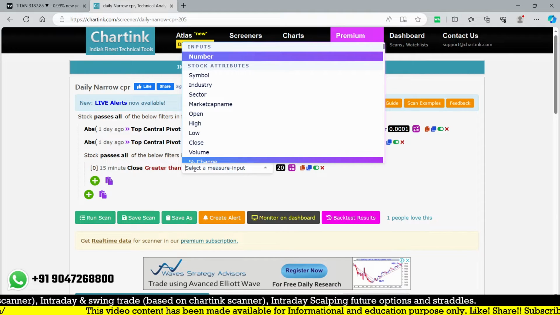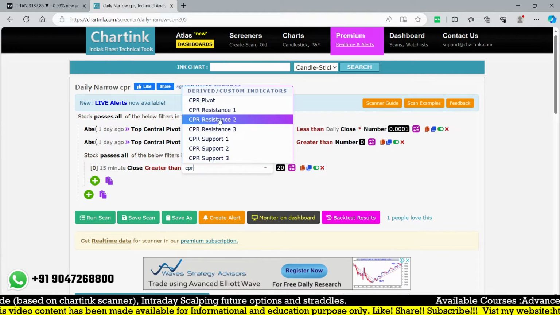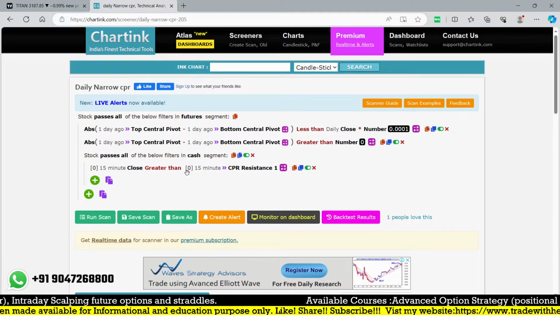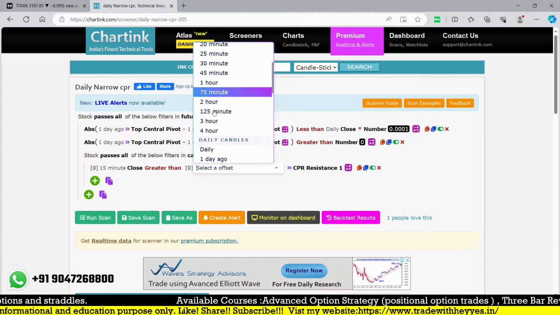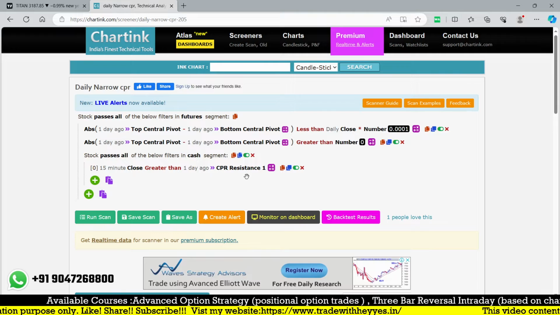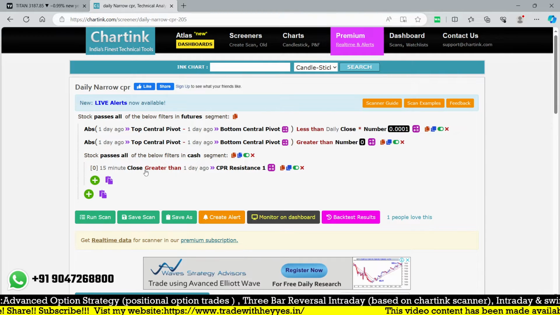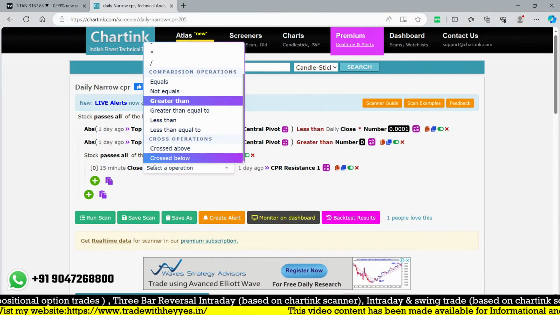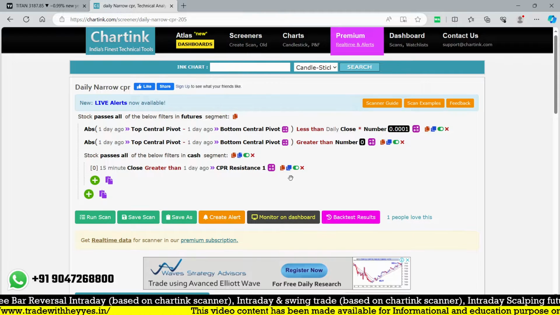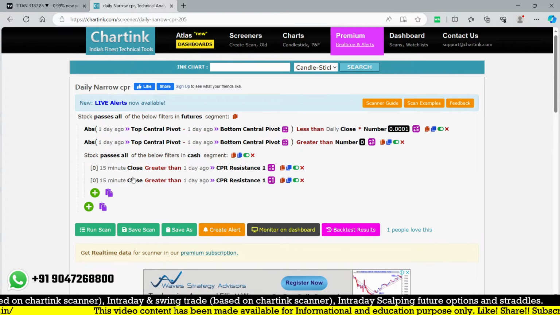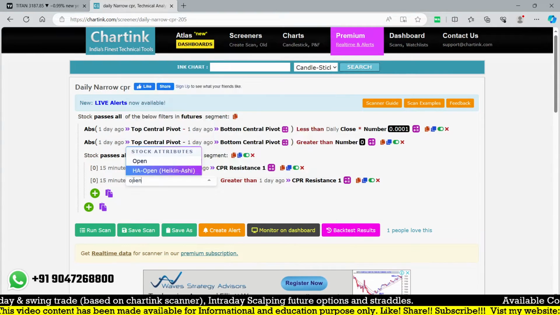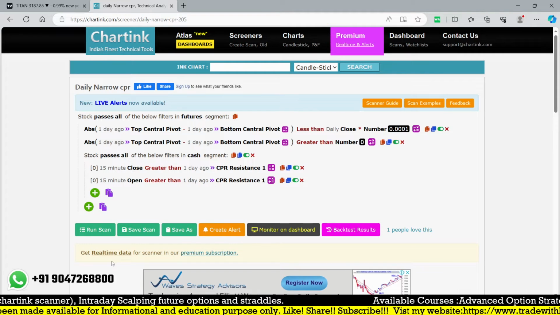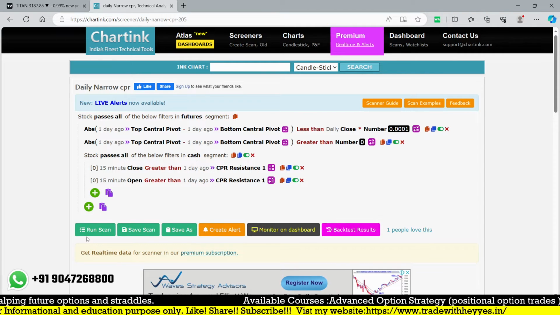R1. CPR R1. CPR resistance 1. 1 day ago. 1 day ago CPR resistance close greater than open. So we'll find out a breakout one.